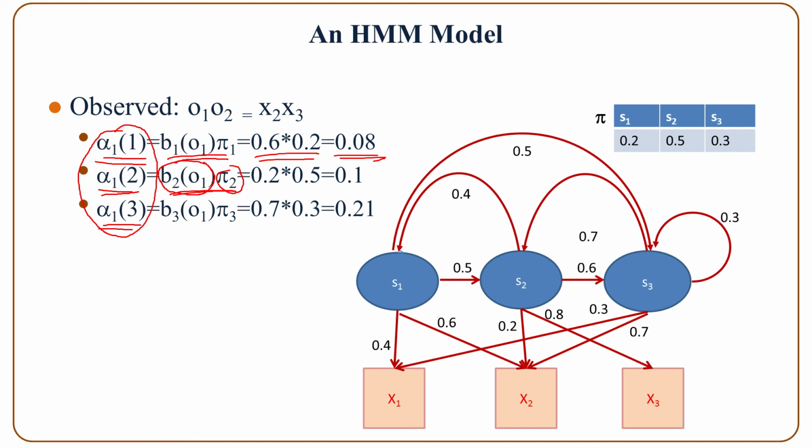And it is 0.2 times 0.5, which is equal to 0.1. And similarly, for the last one, you get this, and it is 0.21.